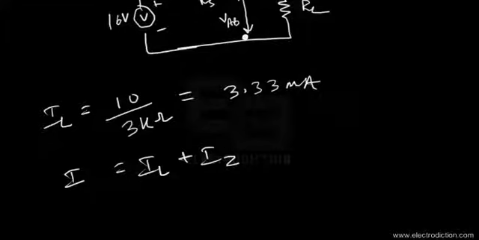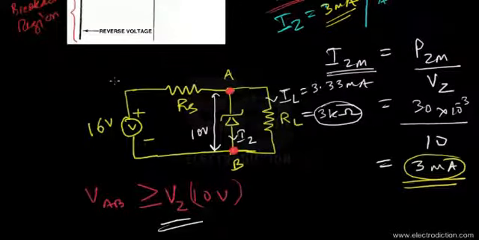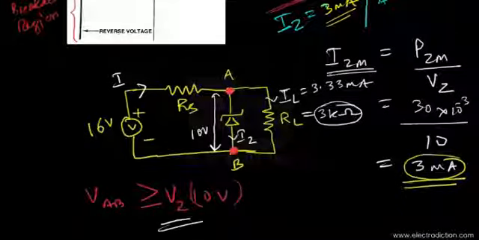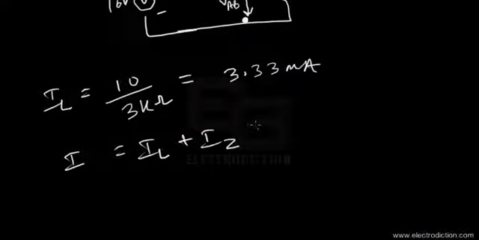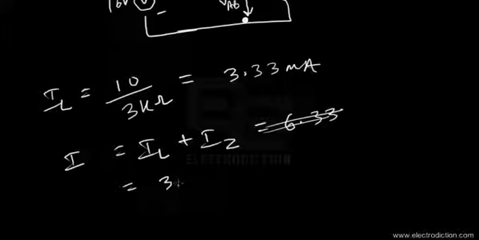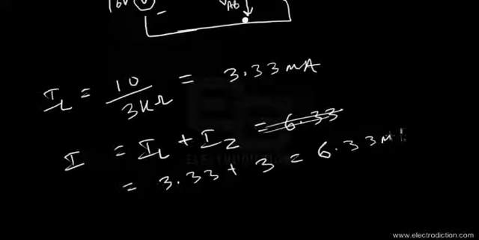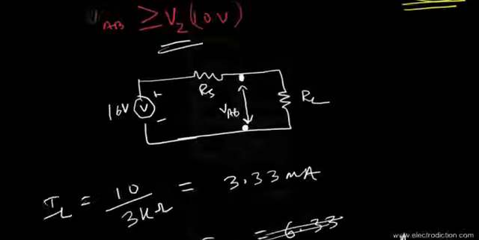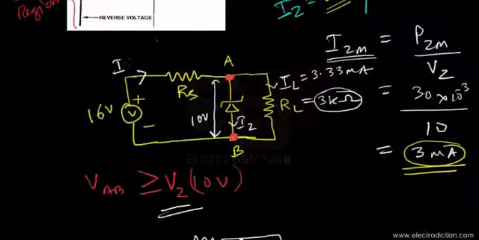Here I represents the total current coming from the supply voltage source. So IL is 3.33 plus 3 milliamps, giving 6.33 milliamps. That's what the total current should be.